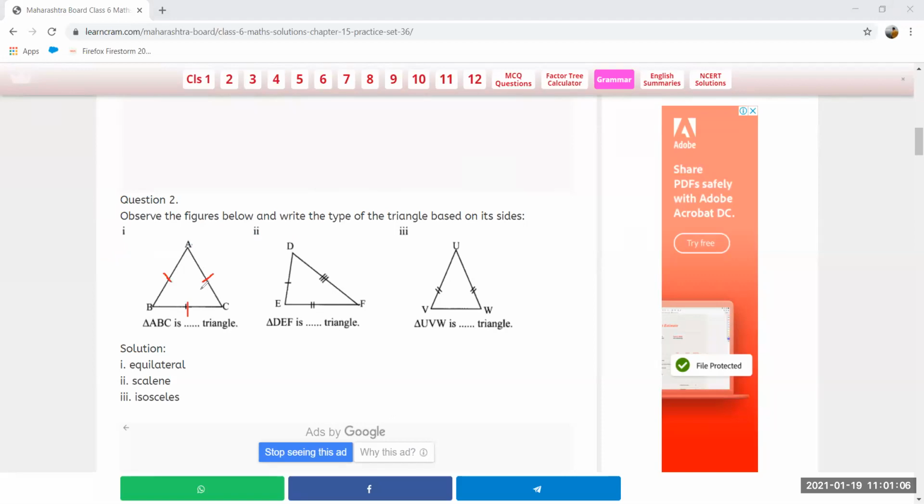This sign denotes equality. So if all the sides are equal in a triangle, then we say that the triangle is an equilateral triangle.